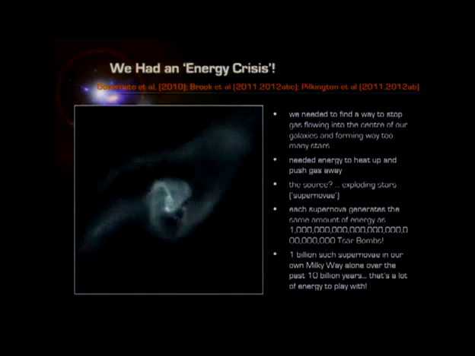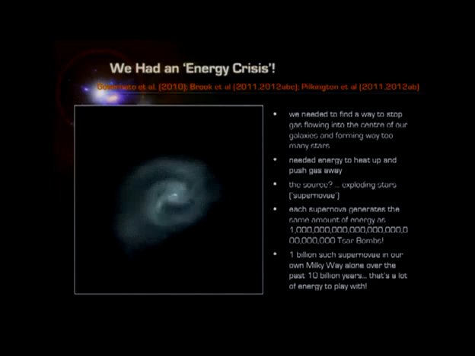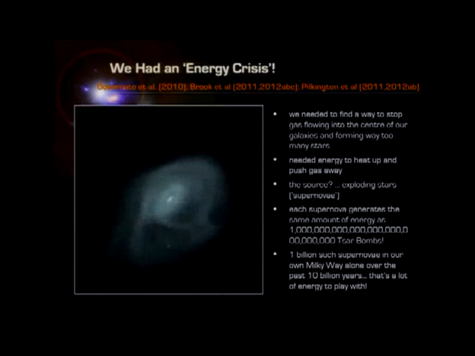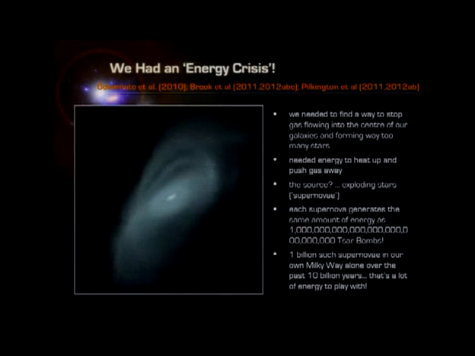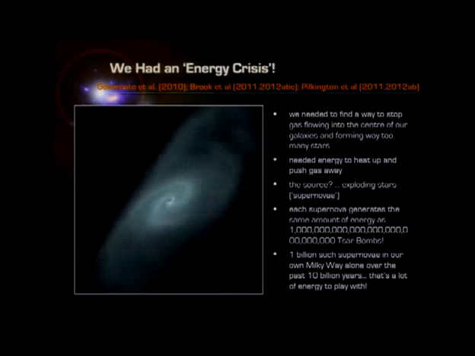And the source for all of this has turned out to be, for the simulations that we've been doing, what we call supernovae. These are the end of a massive star, 10, 20, 50 times the mass of the sun. After a few tens of millions of years, it's burned up its fuel, it collapses, it explodes, it deposits a huge amount of energy into the surrounding gas.